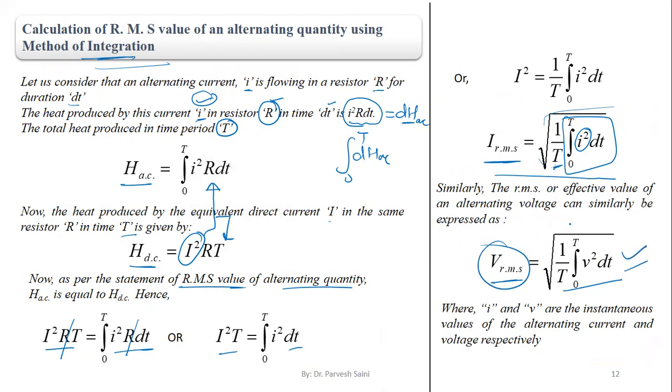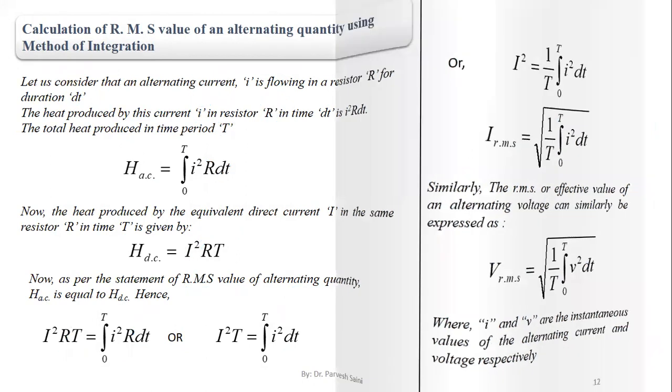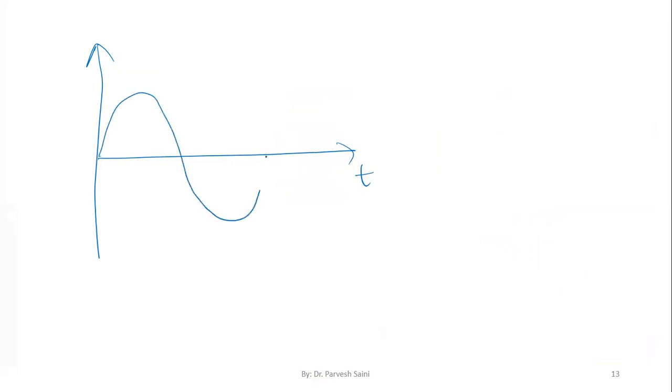In this lecture, we have understood that an AC signal is basically a time varying signal. This signal has various instantaneous values, but only one peak value, and there may be one peak to peak value.